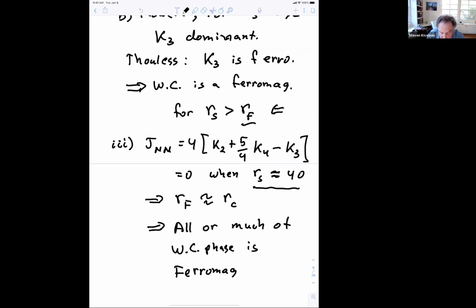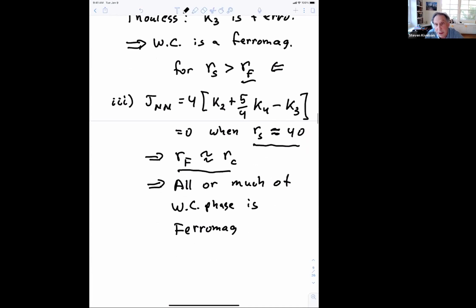And we got a critical value of 40. I don't ask you to believe that that's quantitatively correct, but what that means is that RF is of order RC. And what that means is that all or much of the Wigner crystal phase is going to be ferromagnetic.